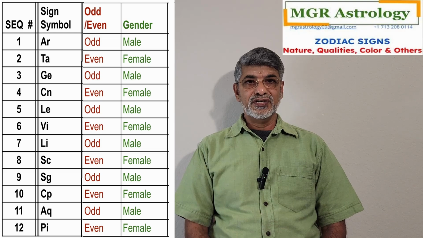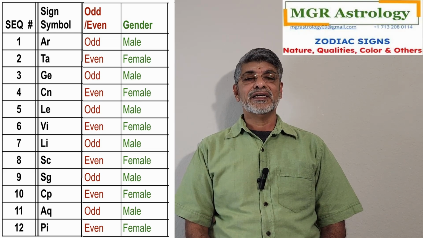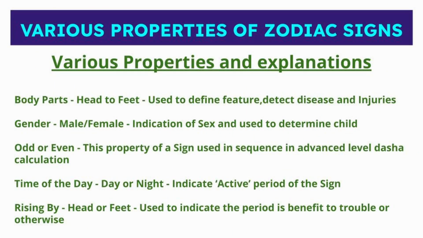This property is used mainly in detecting the child. What would be your child, male child or female child? Or male brother, female brother? Or if you have enemies, or if you have gurus, all those genders we can find out through this property.